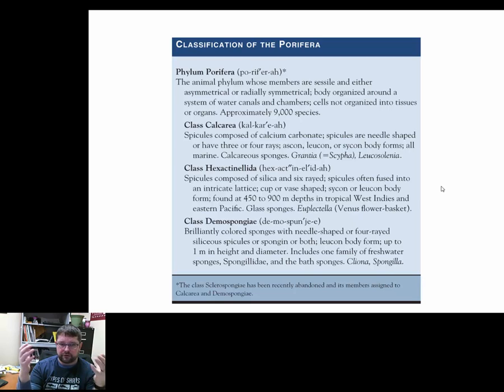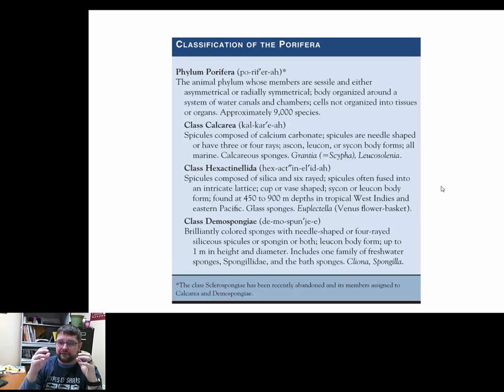These organisms are normally called calcareous sponges. They're not flexible. They're more rigid. Right? Not as rigid as Hexactinellida. The Hexactinellids, sometimes called the glass sponges, have spicules made out of silica.